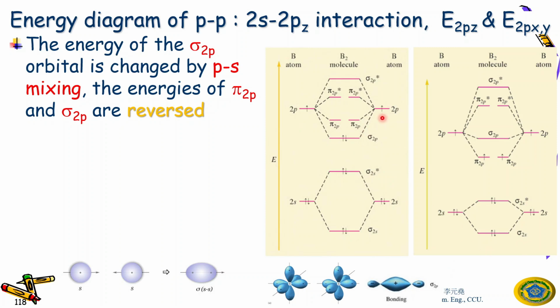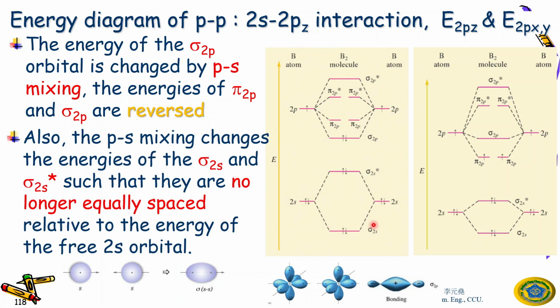It's not like this. You might say, well, Professor, principally yes, but because of s and p interaction, this will be reversed. So the pi bond will go down and the sigma bond will go up. And also this anti-bonding orbital will be pulled down a little bit. So it's not equal. This energy level diagram here, the energy level spacing is not equal.